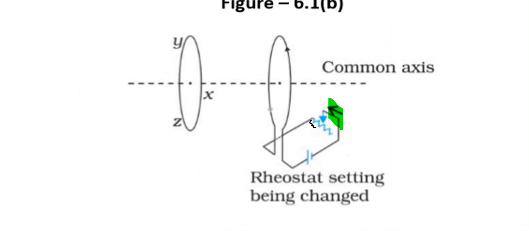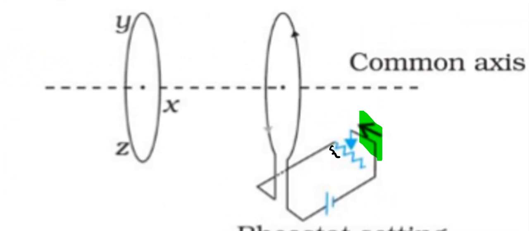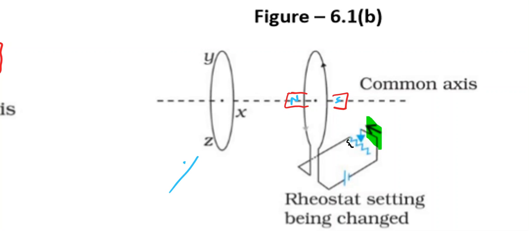And if current is increasing, again apply the right hand thumb rule and you realize that the induced north pole is on the left side, south pole is on the right side. And now when you increase the current, this coil will feel as if north is approaching it.